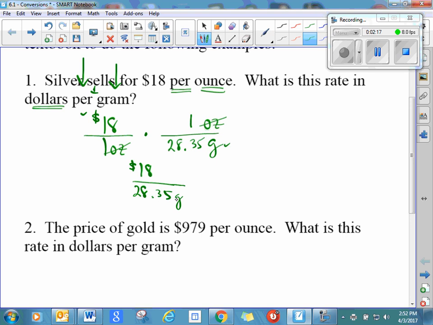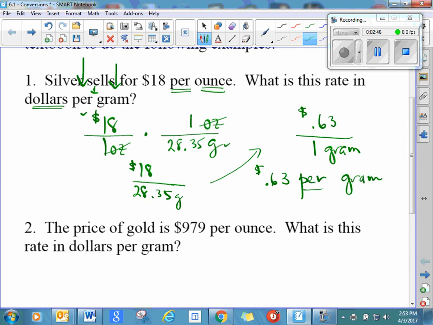They want us to have 1 gram, a unit rate. So we have to hop on our calculator and take 18 and divide it by 28.35. And when you do that, you end up with approximately 63 cents per gram, for 1 gram. Or you could write it 0.63 dollars per gram. Remember? Is this coming back?